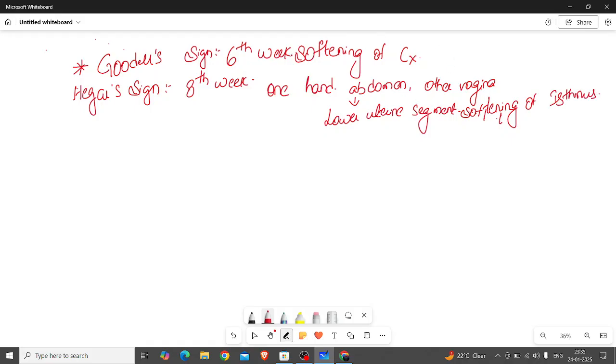So in Hegar's sign, what we observe majorly, in the 8th week, is that during the bimanual examination, one hand is kept on the abdomen and the other in the vagina at the lower uterine segment so that we can feel the softening of the isthmus. It indicates Hegar's sign.